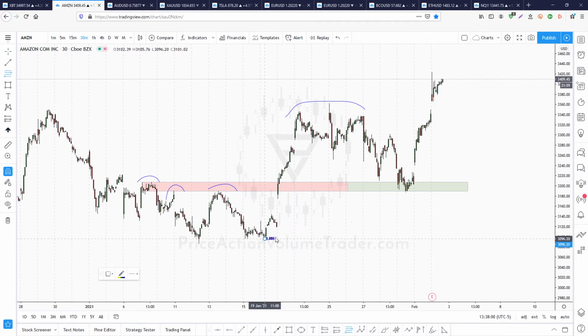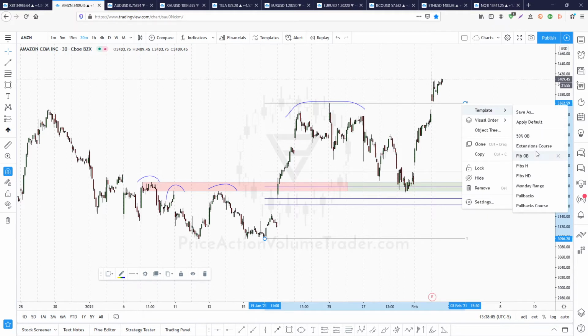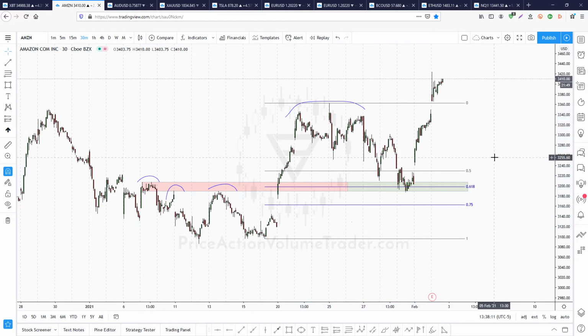But if we just take a Fibonacci here and put it here, we can see right here, price came back into this previous resistance level cleanly. We have a clean break here.